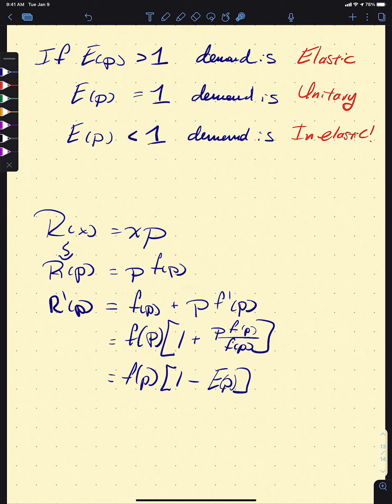Similarly, we can go through an argument with inelastic situations and show the exact opposite.